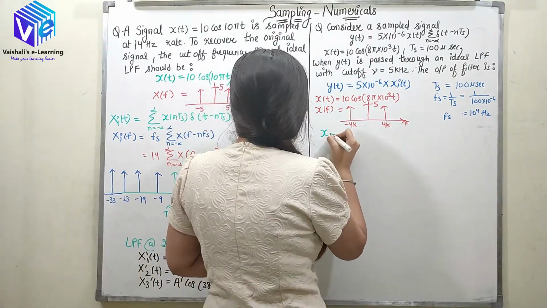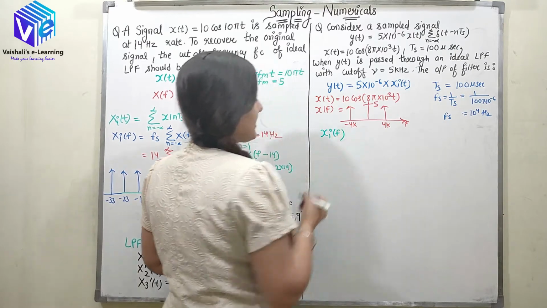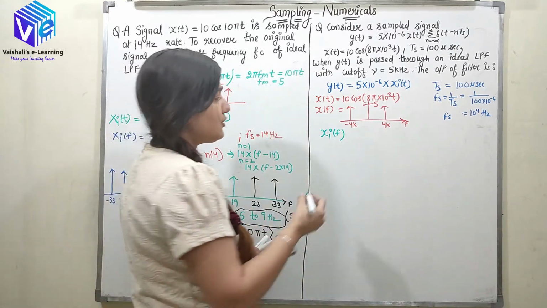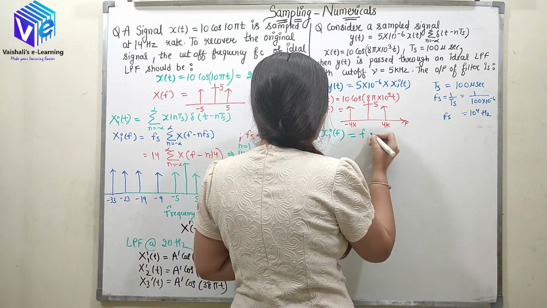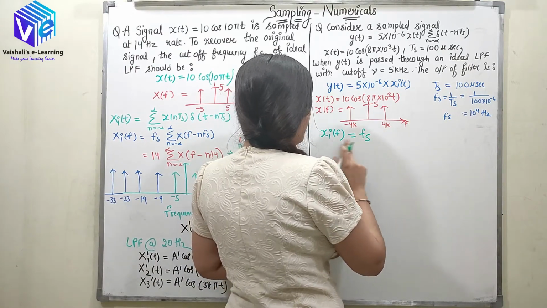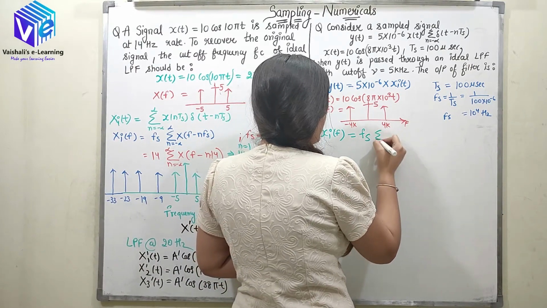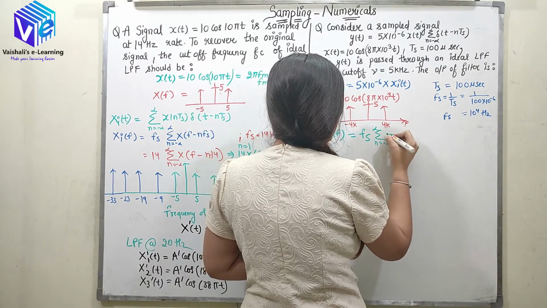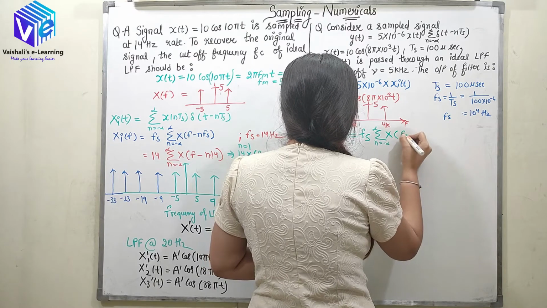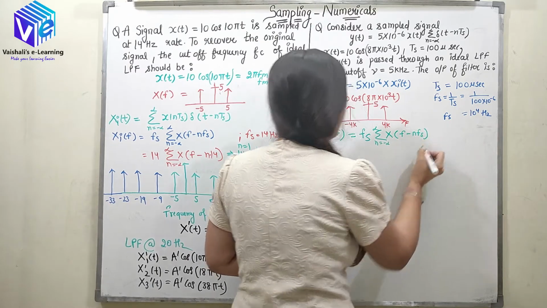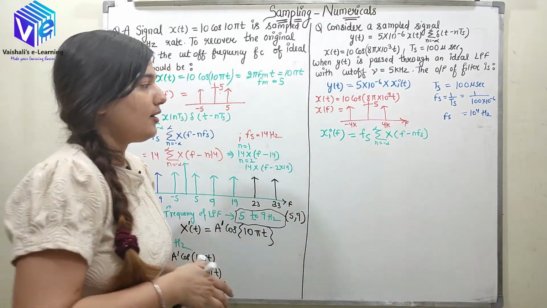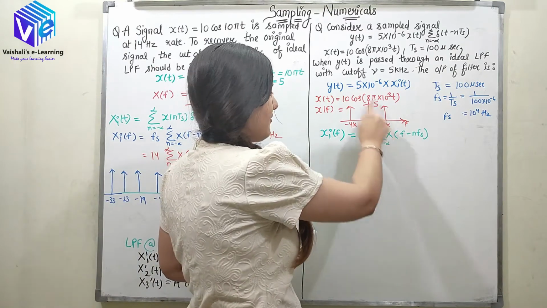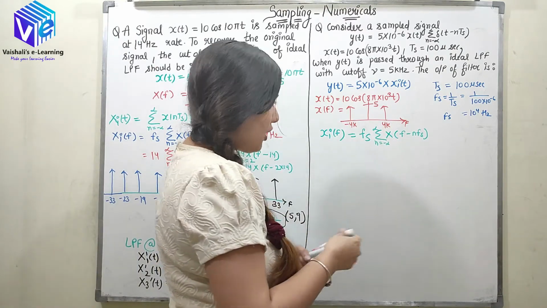I know how I can represent the sampled signal in the frequency domain. So how can I represent it? The sampled output in the frequency domain is represented by fs summation n is equal to minus infinity to infinity X of f minus n fs. Now I know what X of f is. I have represented it already.